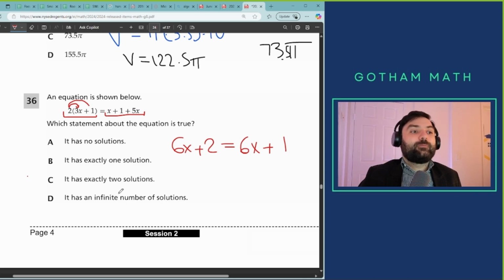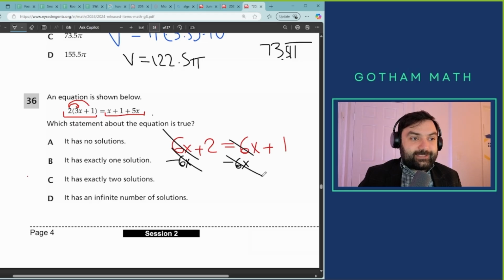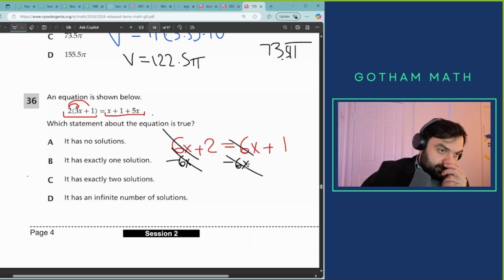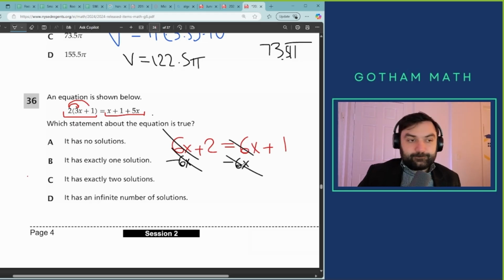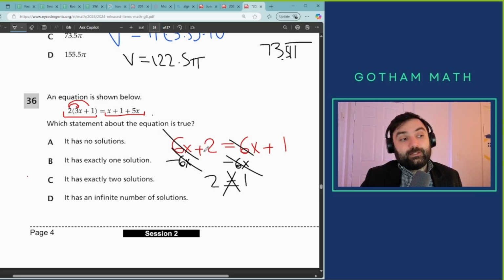What does that mean? That means that this equation has no solutions. Why? Because the first step that you would take to solve that is to subtract 6x on both sides, and it all gets canceled. So obviously, this cannot be solved any further, and it means that there are no solutions.